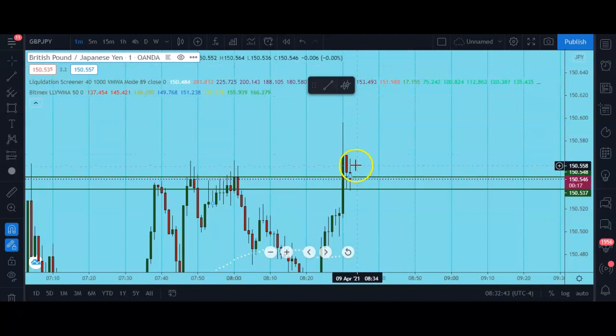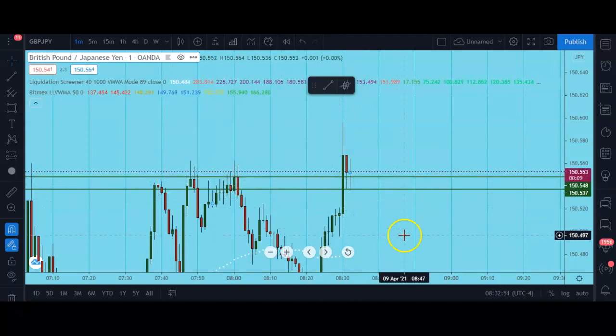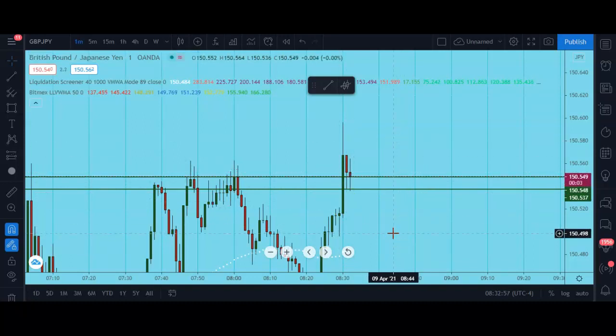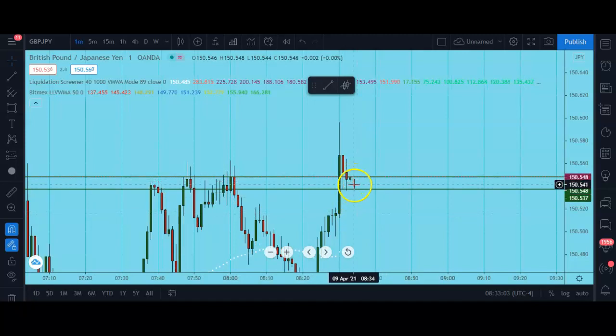And it could bounce and close back above this point, which is support and resistance. And close below. This is support right here.